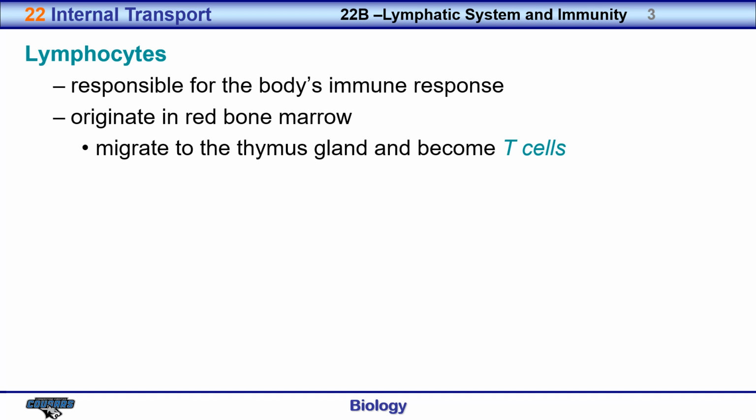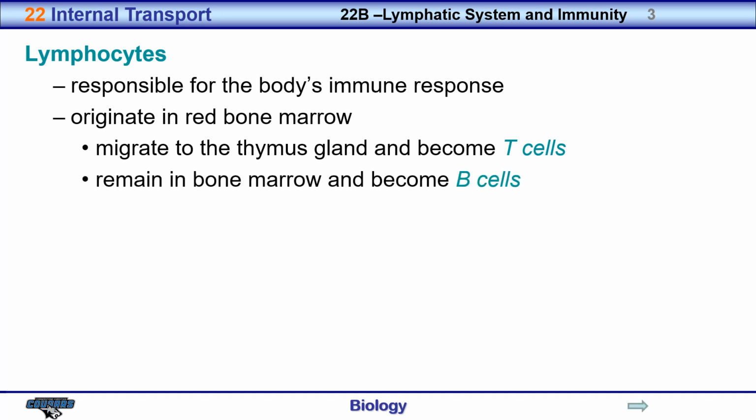So they have a potential for a dual role. Now, other immature lymphocytes are believed to remain in the bone marrow, and they will mature into B cells. So we have T cells and we have B cells.